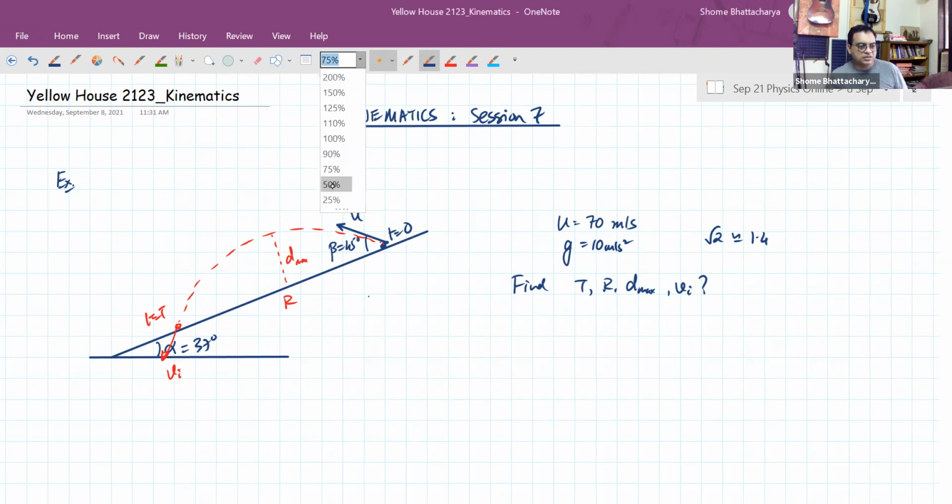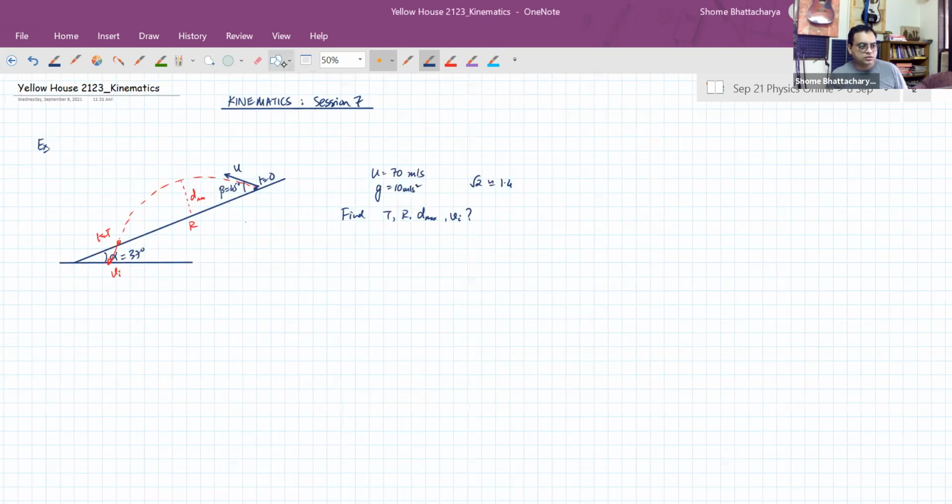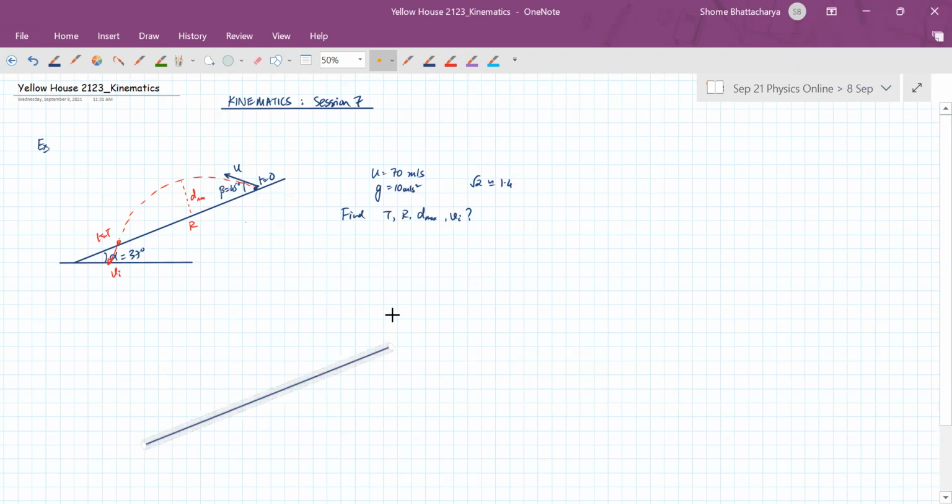Okay, so I'm setting up the equations. Continue working on it if you're already in the process of solving.